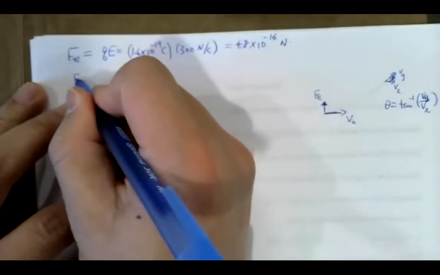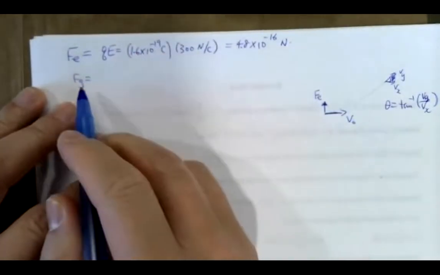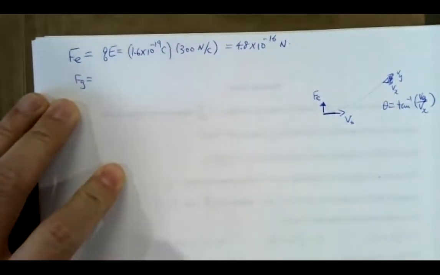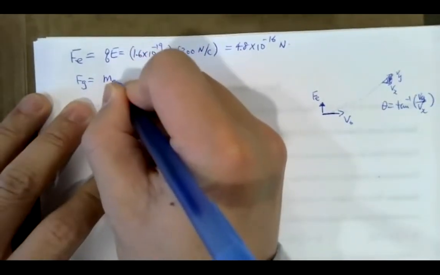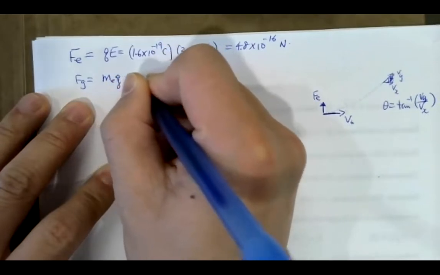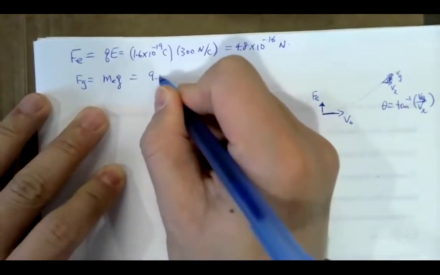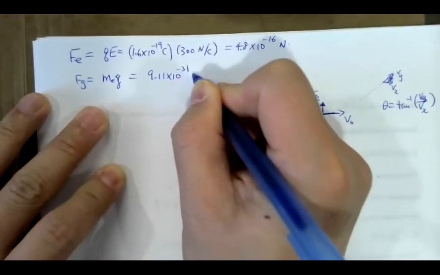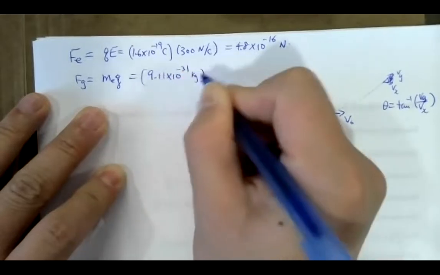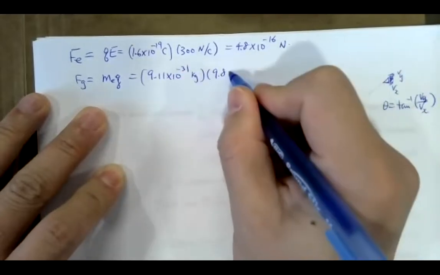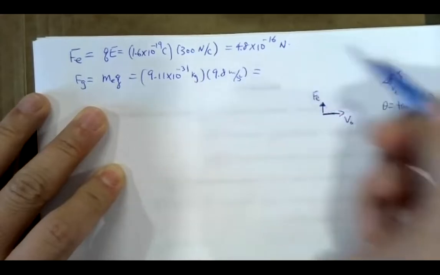Now, in case you are wondering what the gravitational force is, that would be m_e times g, 9.11 times 10 to the negative 31 kilograms times 9.8 meters per second squared, right?